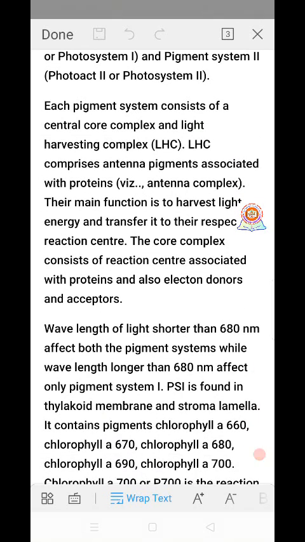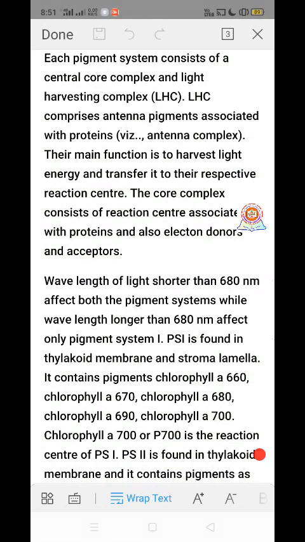Listen carefully: wavelengths of light shorter than 680 nanometer affect both pigment systems, while wavelengths longer than 680 nanometer affect only photosystem 1. Photosystem 1 is found in the thylakoid membrane and stroma lamellae.